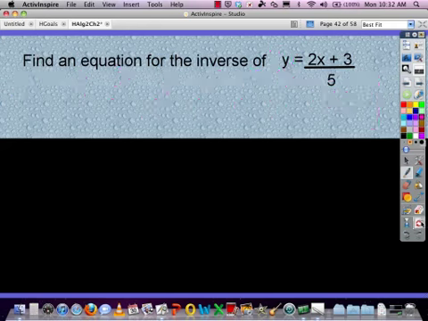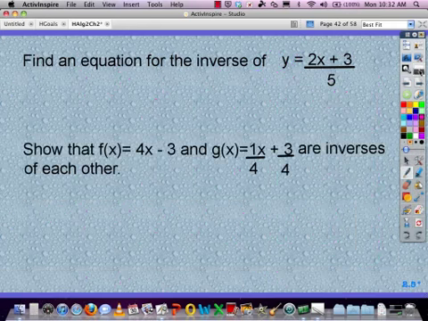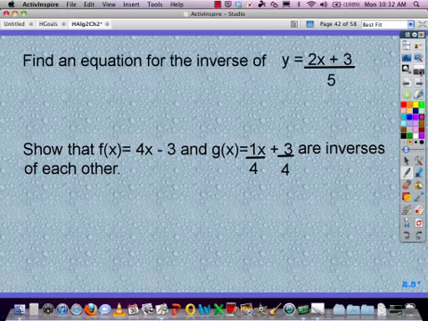Okay, from there, let's go back and show whether f of x, which is the statement 4x minus 3, and g of x, which is the statement 1/4 x plus 3/4, are inverses of each other.